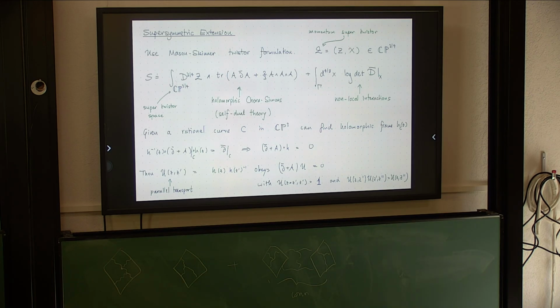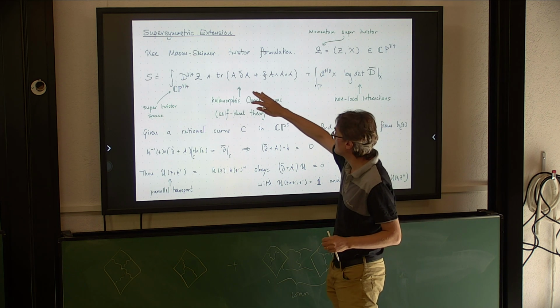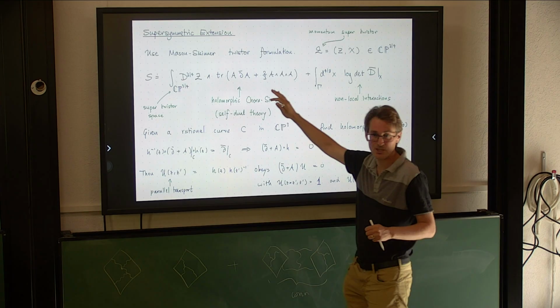And when you translate it to momentum twistor space, the way to think about this is as a holomorphic Chern-Simons theory. So it's a 3-dimensional, ignoring the fermions for now, it's a 3-dimensional space, actually complex. And on this three-dimensional space, it's natural to study a gauge theory which has a Chern-Simons structure.